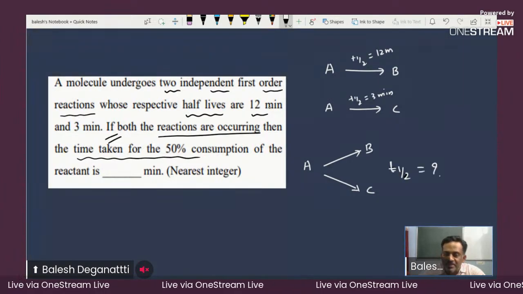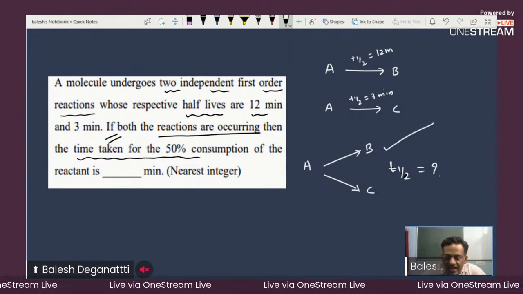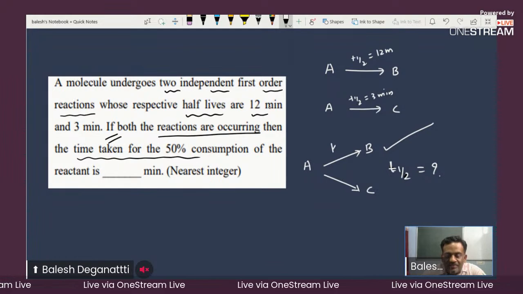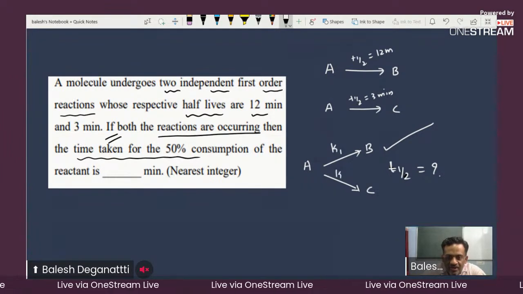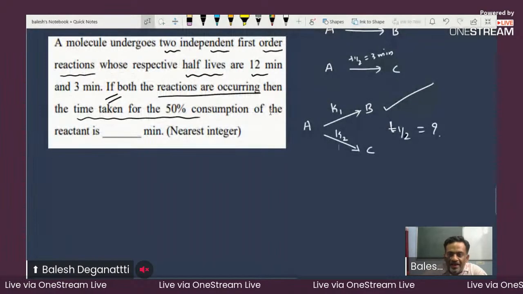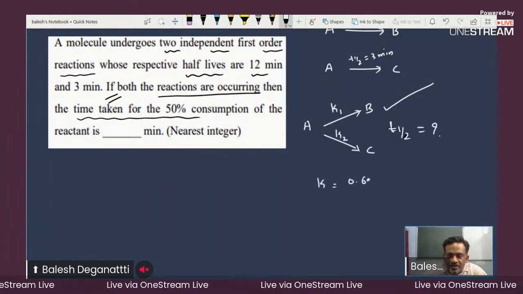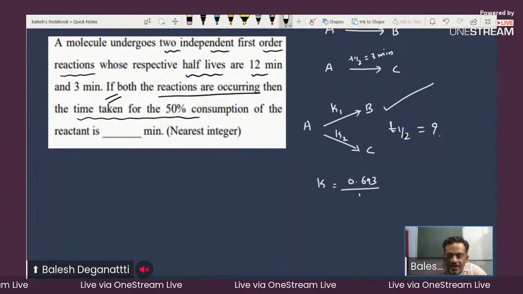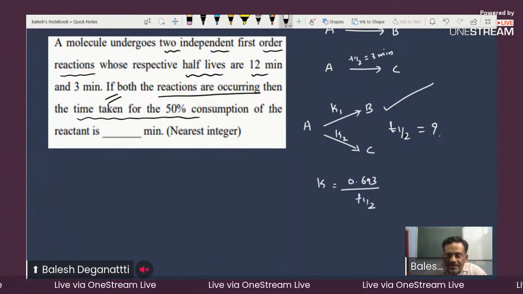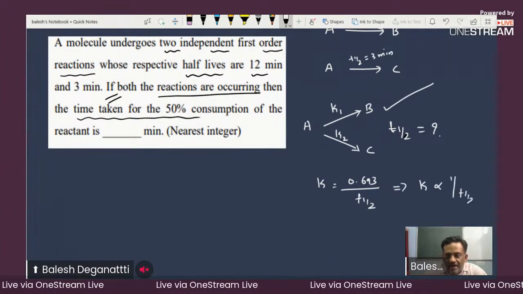The time taken for 50%, that means half-life period is how much? Right? So if we consider this as a parallel reaction where A is giving B as well as C, I'll consider A giving B is having a rate constant of K1, A giving C is having a rate constant of K2. What exactly is K? For first order reaction, K is 0.693 by T half. So that clearly implies that K is inversely proportional to half-life period.